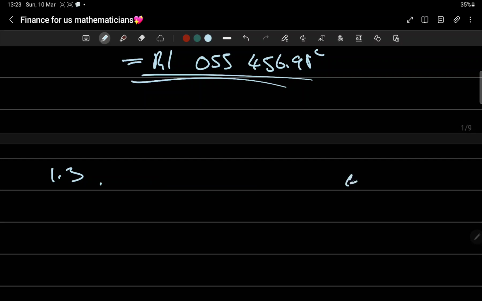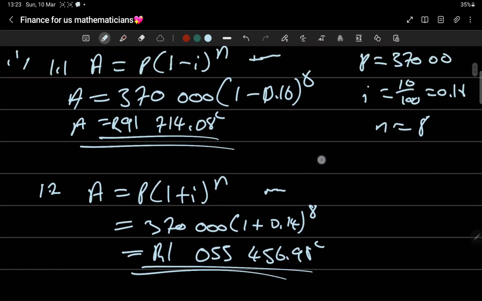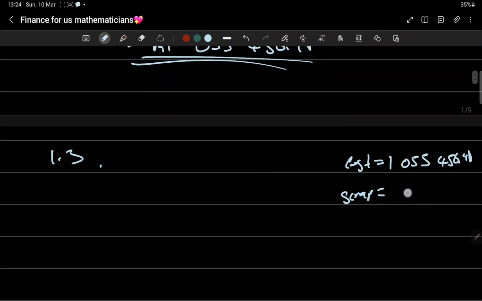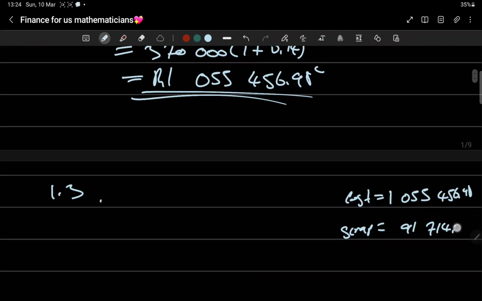The cost of the machine at that time will be 1,055,456.98, and the scrap value of the older machine is 91,714.08, and then the amount they are still short of.